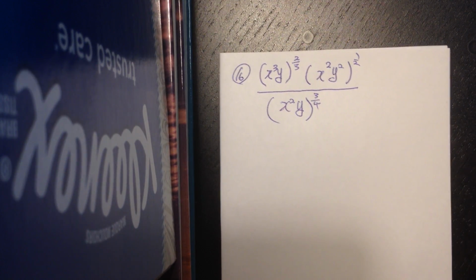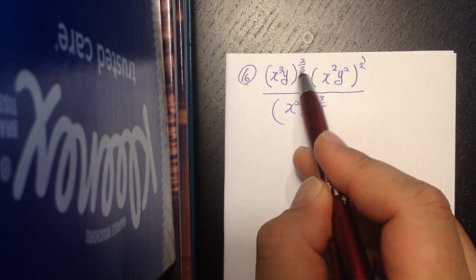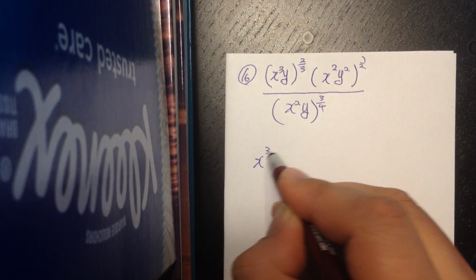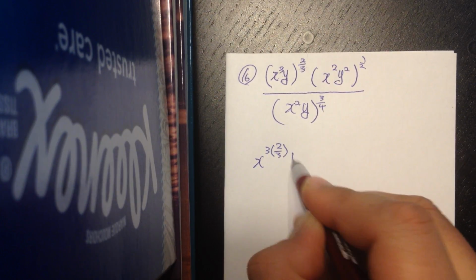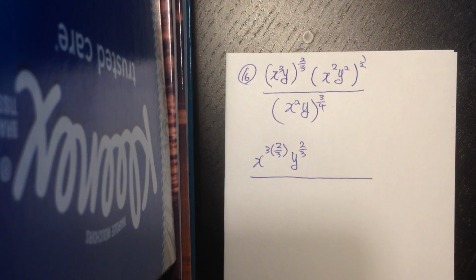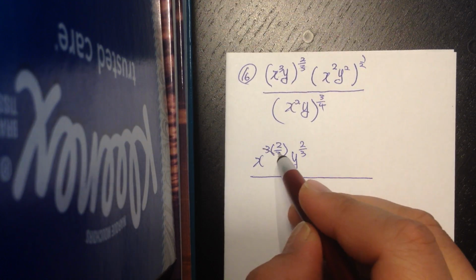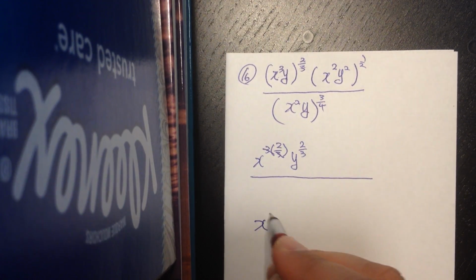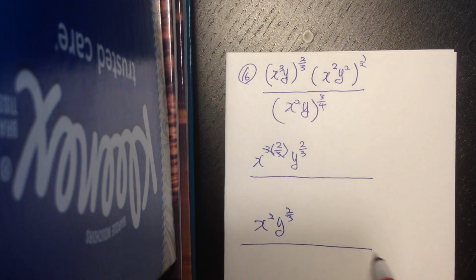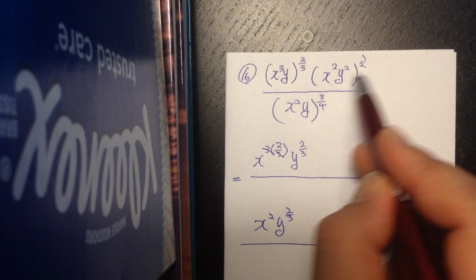Okay. So everyone's going to get, obviously, 2/3 here. So here we got 2/3, 2/3, which is, these things get canceled. So at the end, you're going to get x squared, y to the 2/3, right? Okay. Here is the same way.